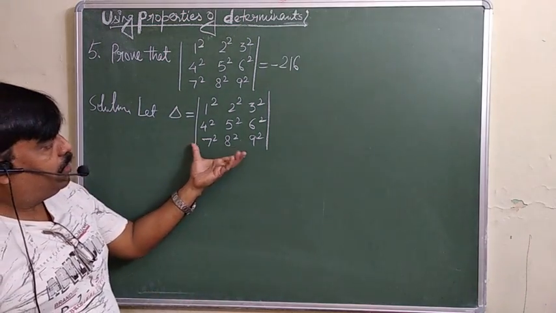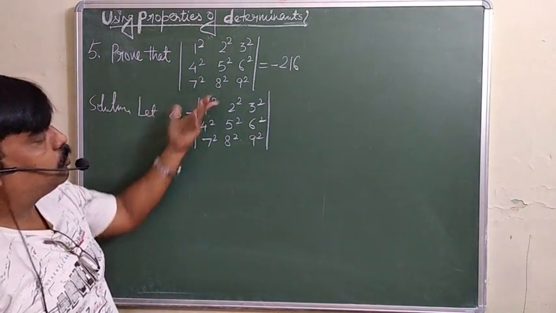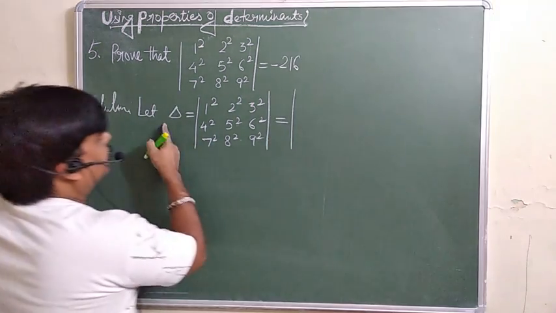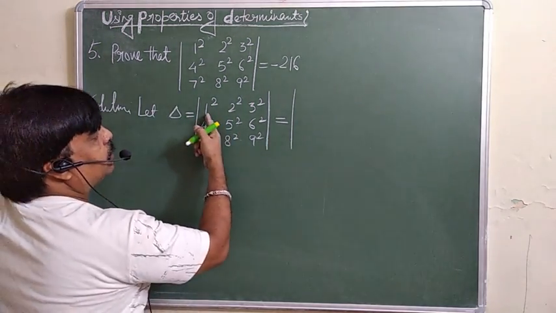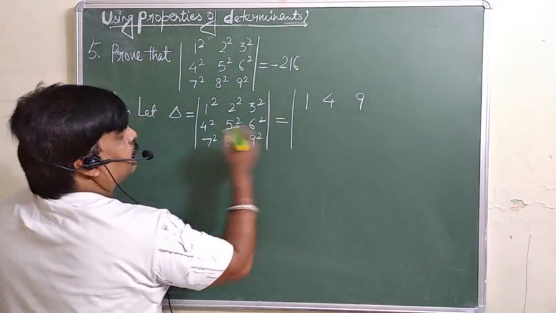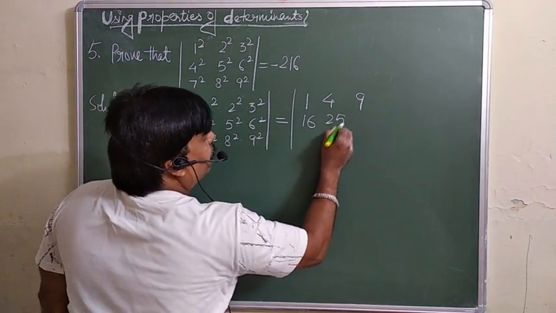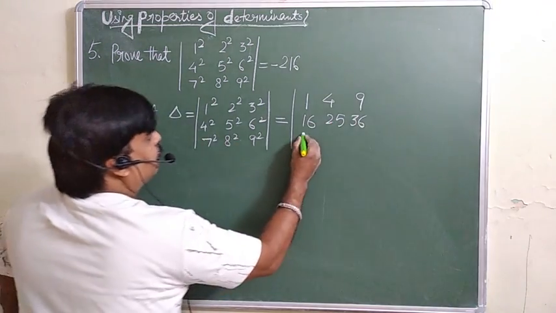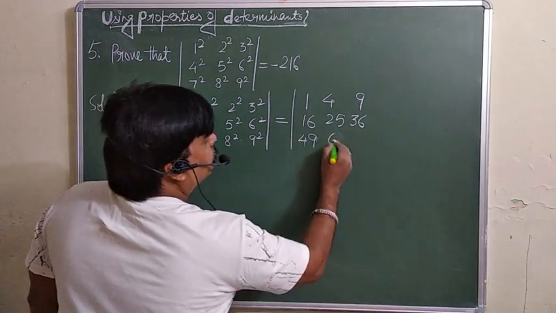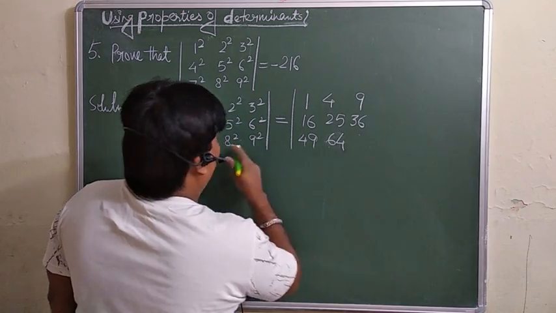Without the properties also we can do it, there is no problem, but here we will apply them. So let us expand this: 1 square is 1, 2 square is 4, 3 square is 9, 16, 25, 36, 49, 64, and 81.